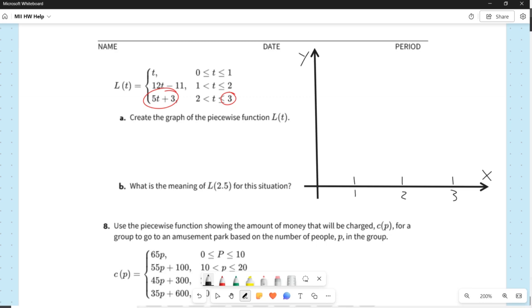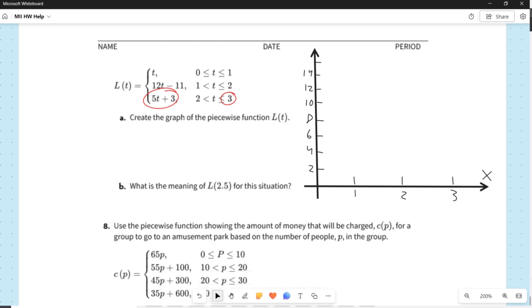So let's see, I'll just go by 2s, and I think we should be able to fit 2, 4, 6, 8, 10, 12, 14, 16, and 18 is at the very top. Just clean this up a little bit.